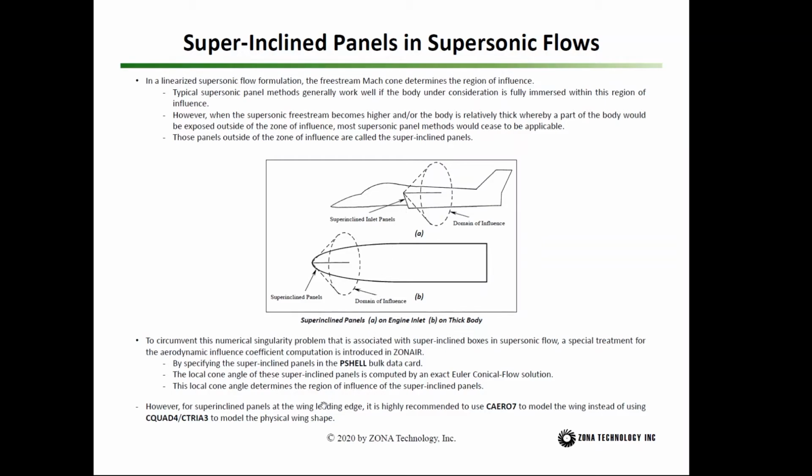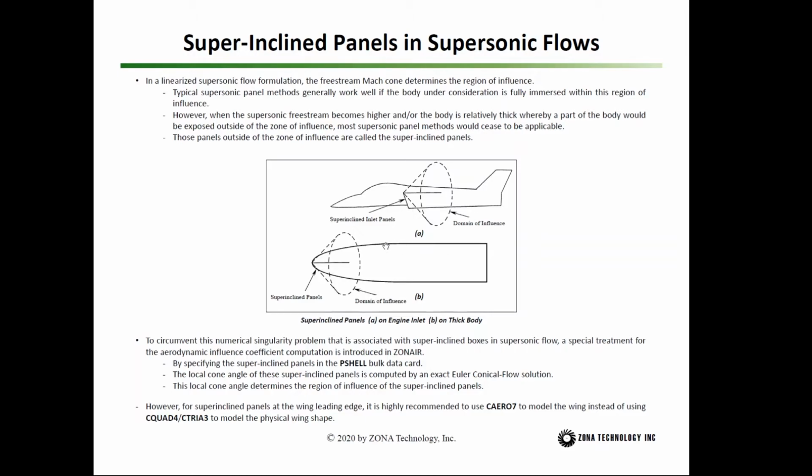For those panels, you have to use the PSHELL card. In the PSHELL card, you define those panels as super-inclined panels. Then for the inlet panel, you specify the flow penetration condition, and so you allow the flow to penetrate into those panels. Then you can get very good supersonic solutions.